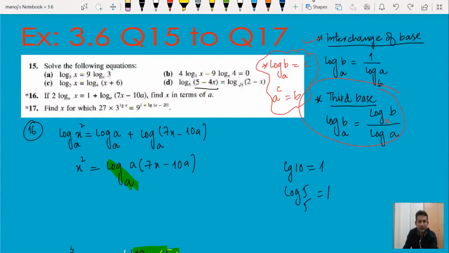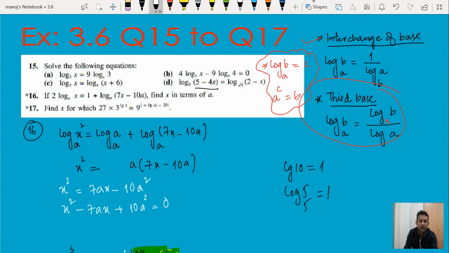When we remove this, we have only this situation. Now x squared is equal to 7ax minus 10a squared. When we simplify, it is coming x squared minus 7ax plus 10a squared equal to 0.